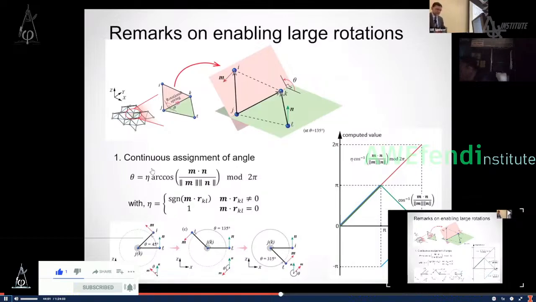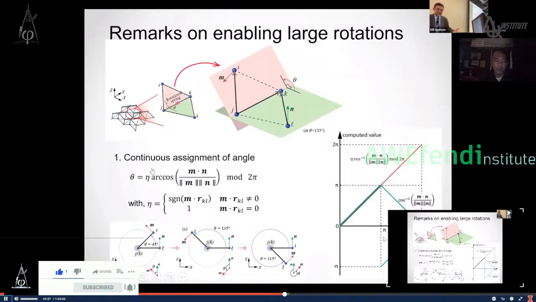And one idea in origami, because we need to take care of the entire range of deformations, is to have a unique way to define the angles. If I just use, for example, here an arc cosine to define the angle, it's impossible to differentiate between the angles between 0 and pi and 2 pi.